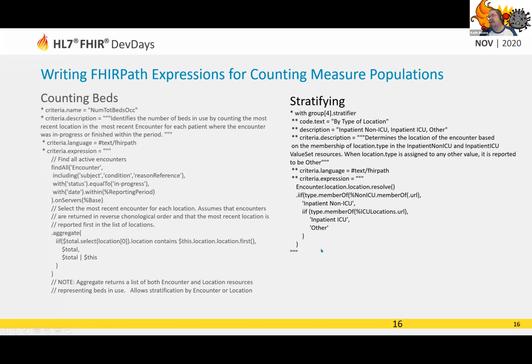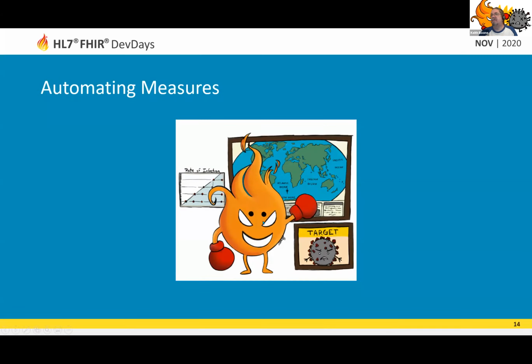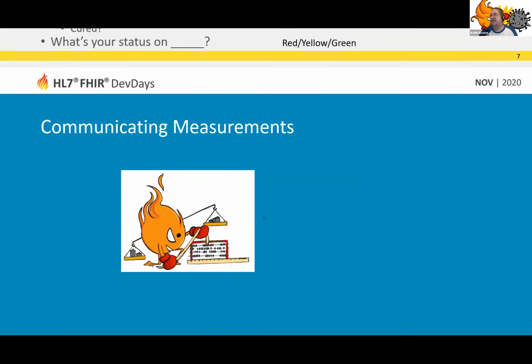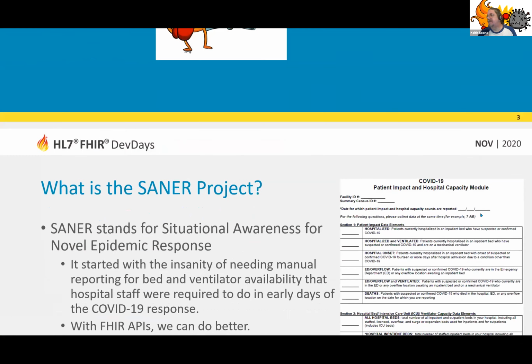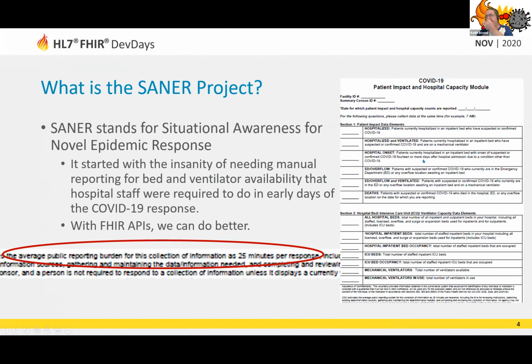Okay. So I'll just quickly scroll back to this here, and you can see that we now have the capacity to report the number of patients with suspected or confirmed COVID who are in the emergency department or any overflow patient awaiting an inpatient bed. That would be the other bed category.